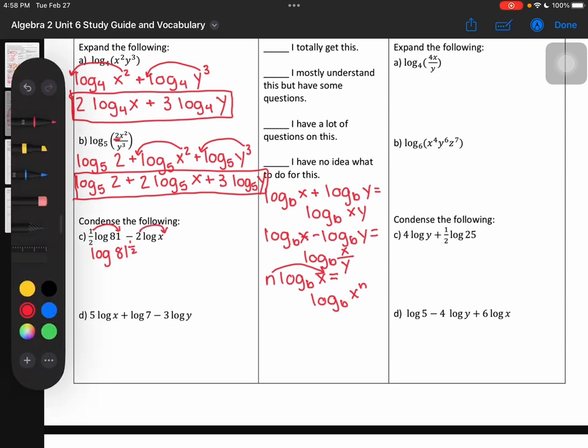I'm going to put the 2 as the exponent of x. In case you forgot, if we have something that has a 1/2 exponent, that's the same as saying the square root. So in this case, it's asking for the square root of 81, which is 9.